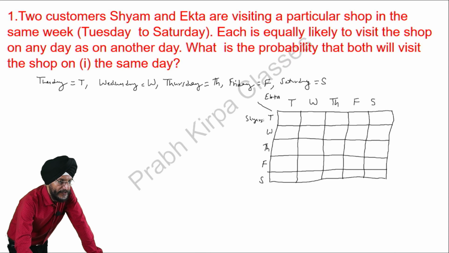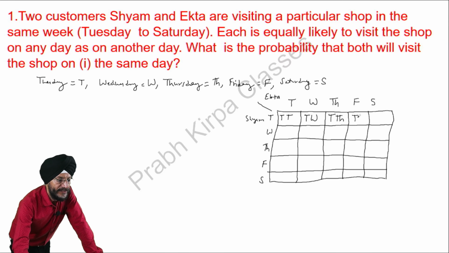So if Shyam visits the shop on Tuesday, it is likely that Ekta may also visit on Tuesday. If Shyam visits the shop on Tuesday, it may be possible that Ekta visits the shop on Wednesday. If Shyam visits on Tuesday, Ekta may visit on Thursday.